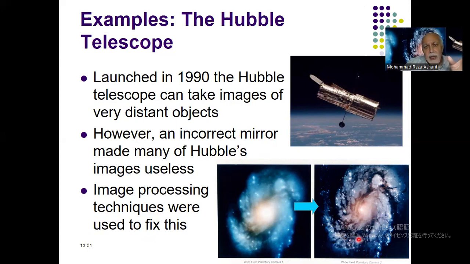After Hubble, we also have new telescopes today. Anyway, with incorrect mirror adjustment you get this image, but you have to deblur it. Deblurring is also a very complicated algorithm in image processing.